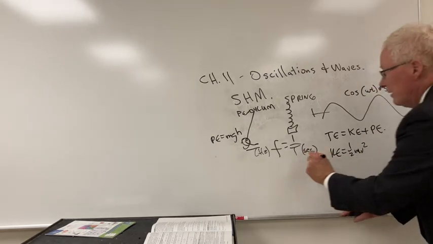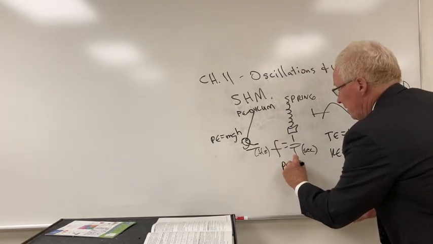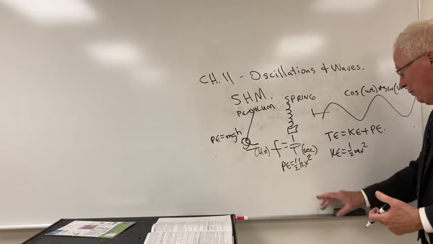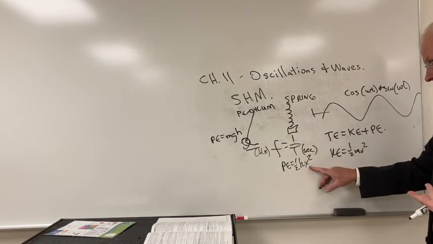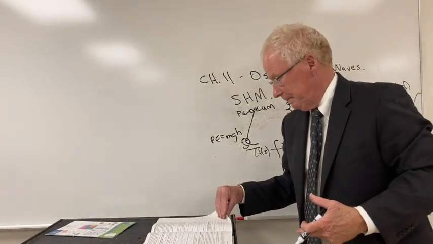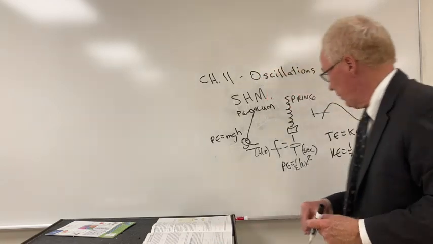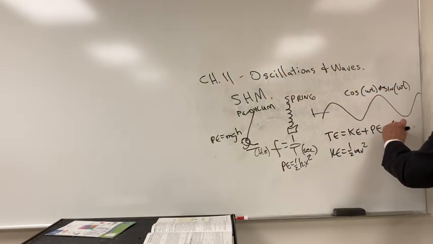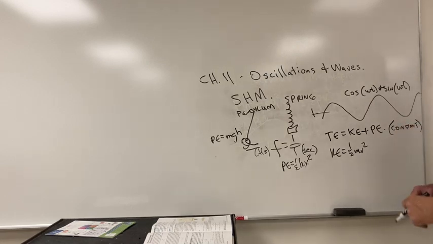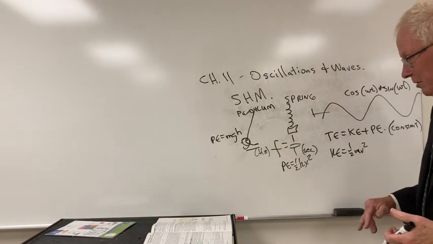And for a spring, the potential energy is 1/2 kx squared, where k is the spring constant and x is the distance from the equilibrium point. And so the total energy is constant, as we talked about, because both of these are what we call conserved systems.